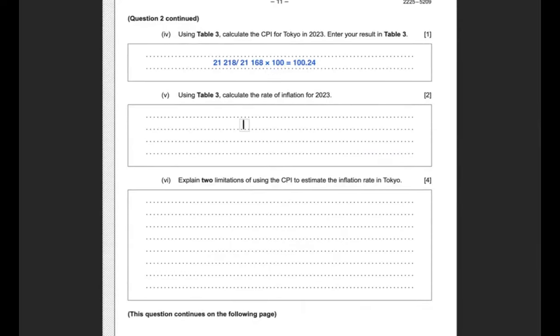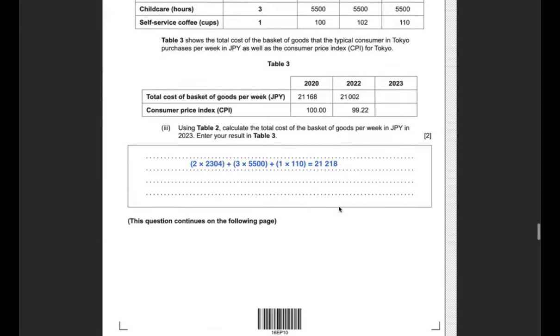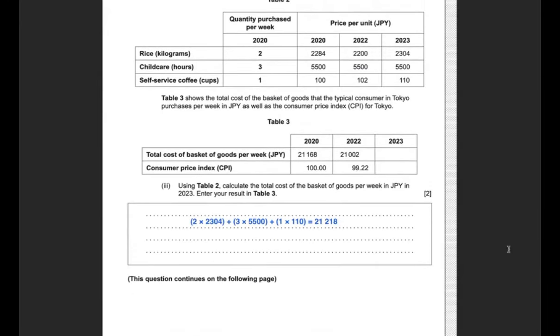Next, using table 3, calculate the rate of inflation for 2023. The rate of inflation in 2023 can be calculated with the CPI numbers of the 2 years, 2022 and 2023, since we normally compare the rate of inflation of this year with the previous year.